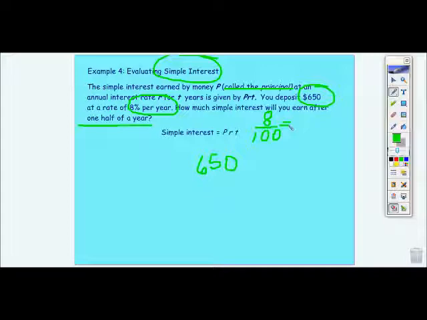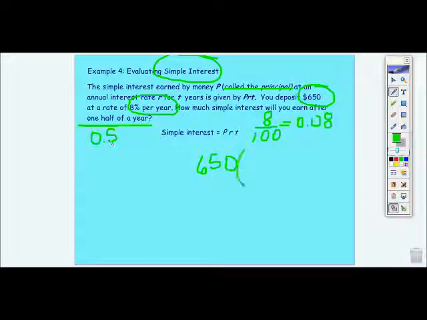So 8% is going to be 0.08. And then for 1/2 of a year, we're also going to use a decimal, so we can take advantage of a calculator. So to write 1/2 in decimal form would be 0.5.